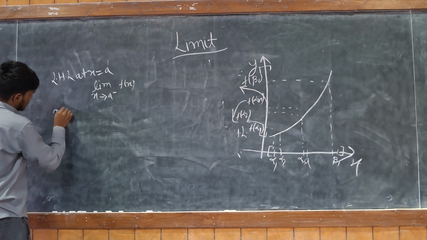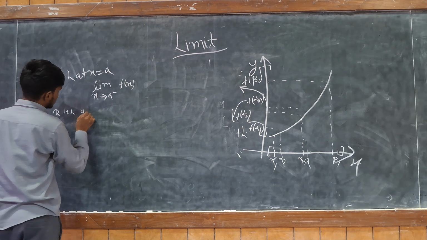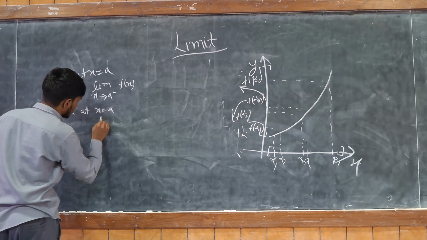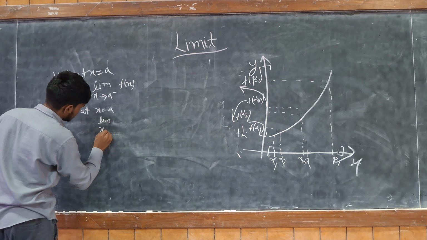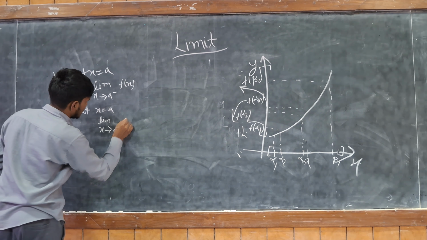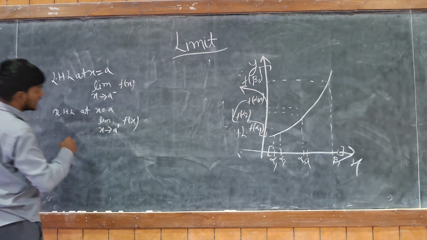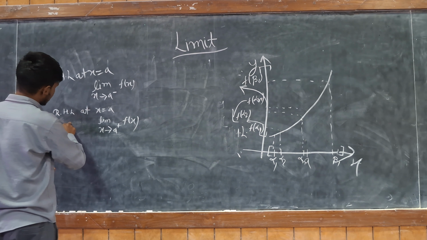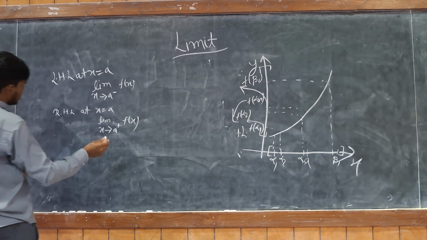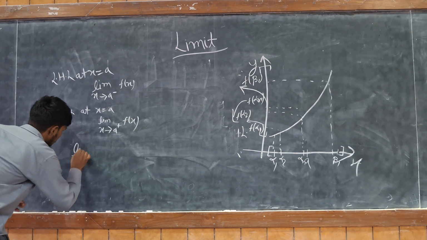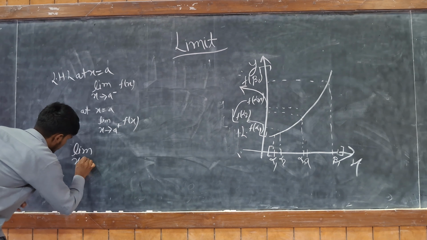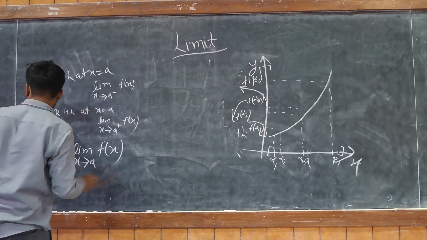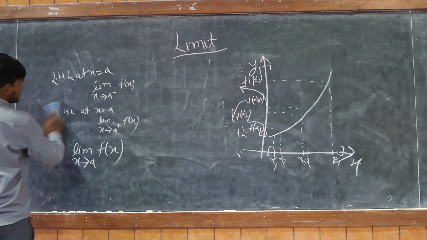A right hand limit at x equal to a is denoted by limit x tends to a plus f of x. And when LHL equals RHL, the limit exists, and the limit is denoted by limit x tends to a of f of x.